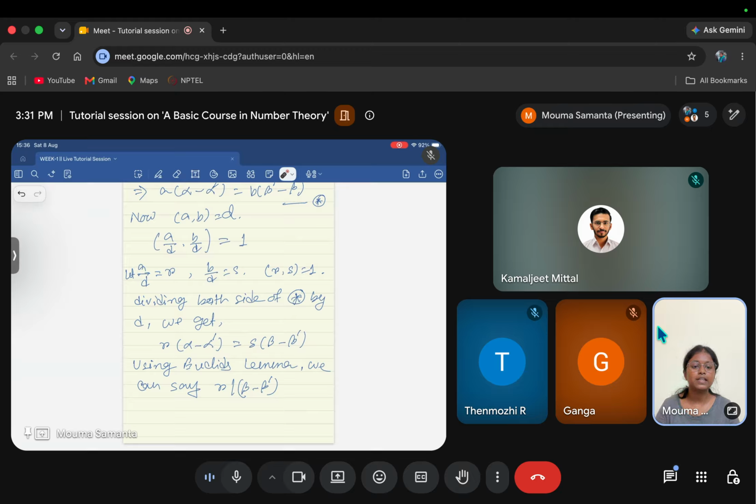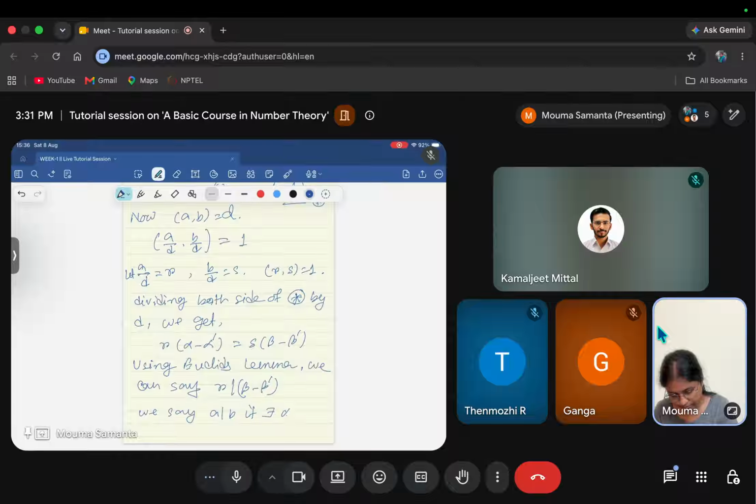When we say that A divides B, if there exists U belongs to Z such that B equals to AU.